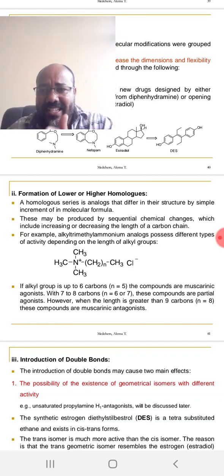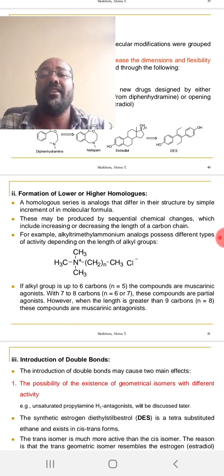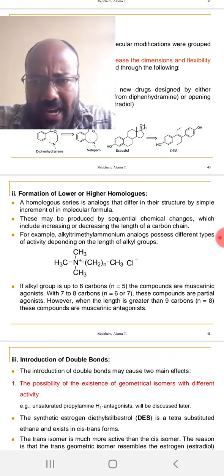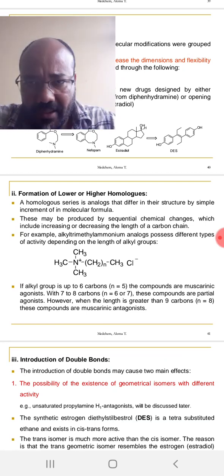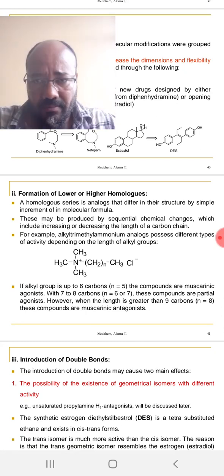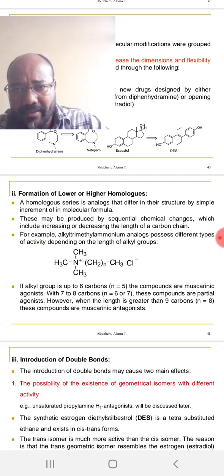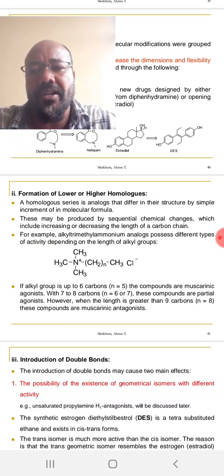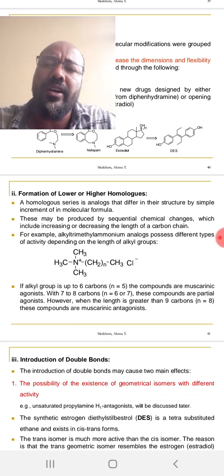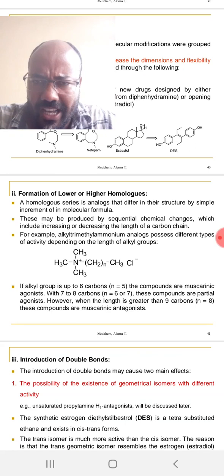Therefore, increasing or decreasing the homologous chain may give different pharmacological activity. It may produce different biological activity. Therefore, by increasing the side chain by using CH2 groups, or by decreasing it, we can generate a new compound. This is the second method for drug discovery by spatial process.